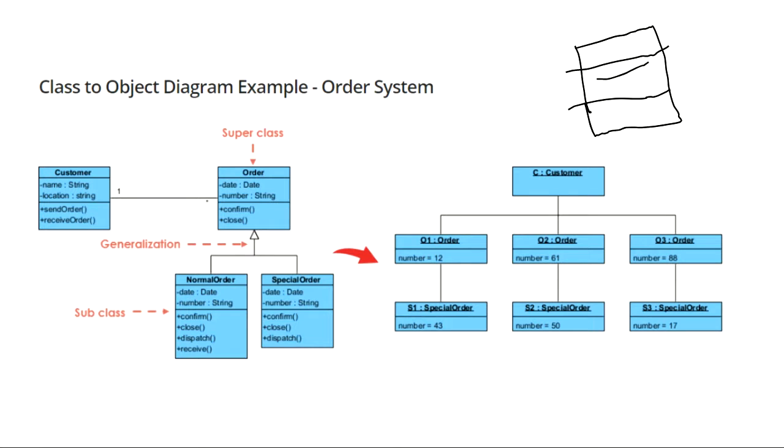Third block will be object functions. The thing here is, for example, this was a customer class, and I want to create an object for the customer class. So I will write an object name, for example, C, then this symbol, and then for which class this object has been created. For the customer class this object has been created, and underline it.